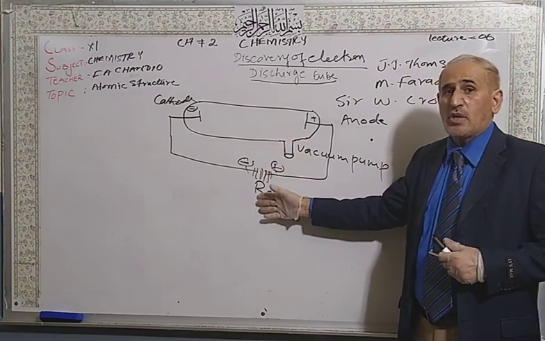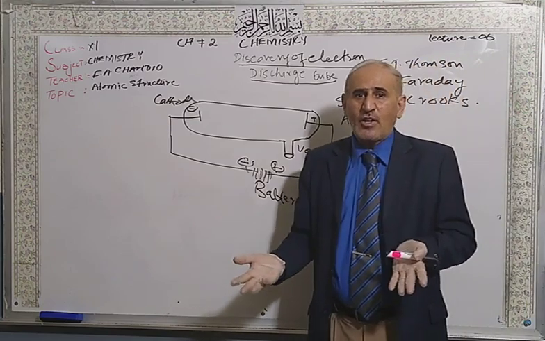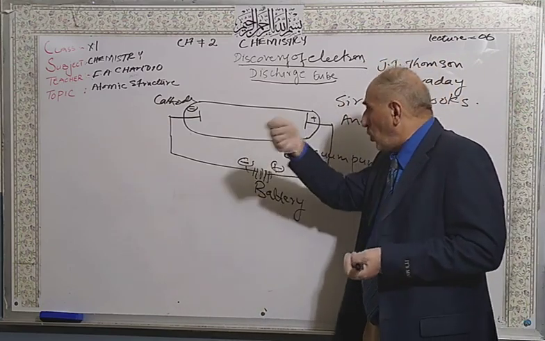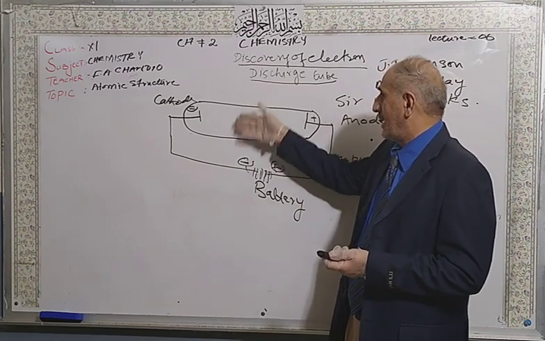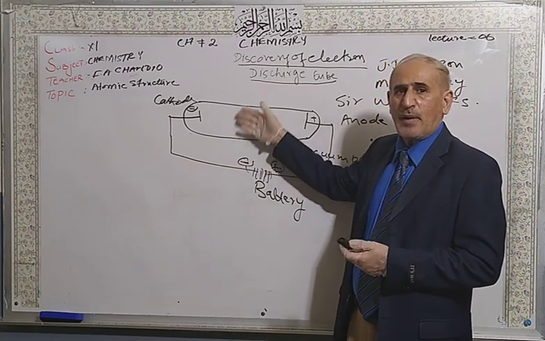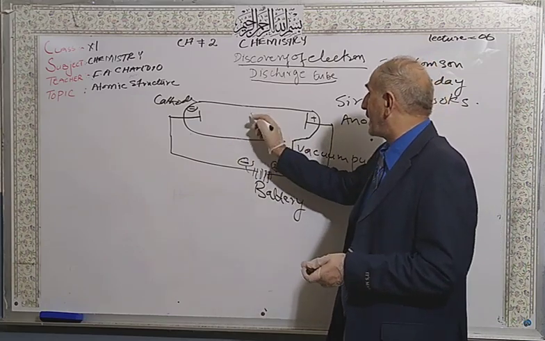About 5,000 volts they applied. When this failed, what did they do? They removed the air from the discharge tube. This discharge tube is made up of glass. Then what did they put? They put a gas.